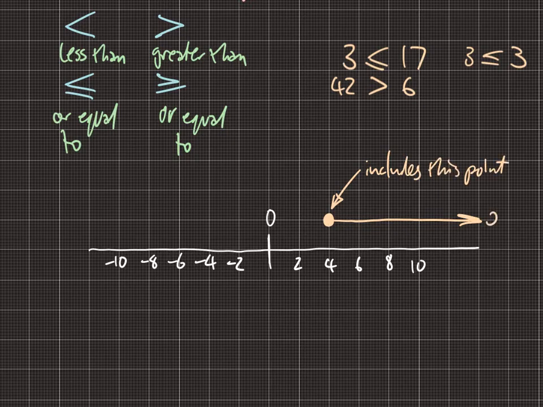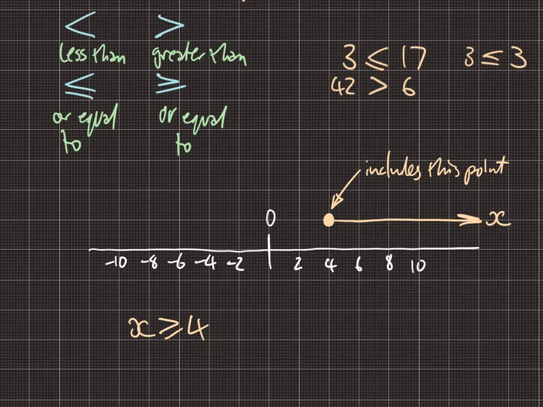So if I say that is the set, we're going to call that set of numbers x. So all the numbers on this orange line, we can say are greater than or equal to 4. So if that's been represented by x, then we can say that x is greater than or equal to 4. Okay, it's or equal to because it's including that point. That point is filled in.